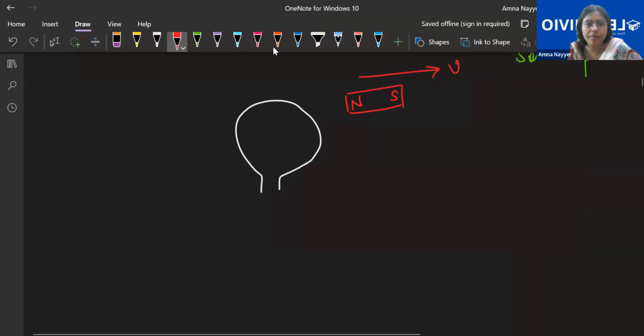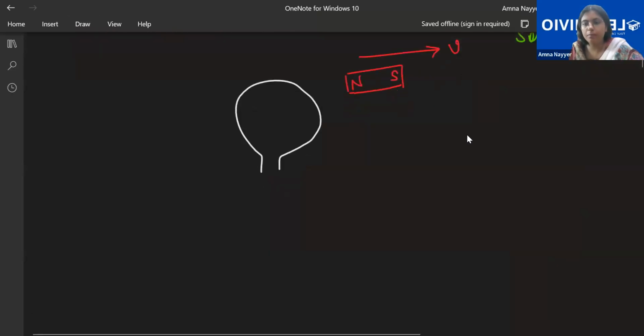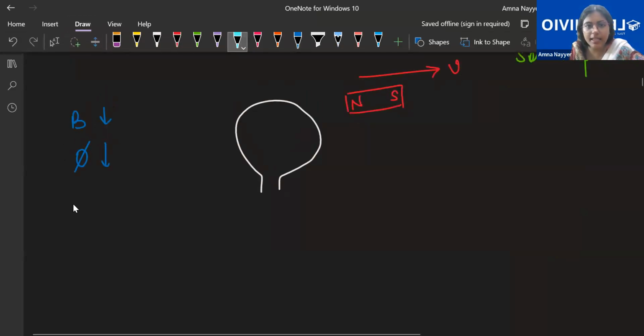Will the magnetic field increase or decrease? It will decrease. See, the magnetic field decreases, so the flux will decrease. So this means the flux is decreasing.